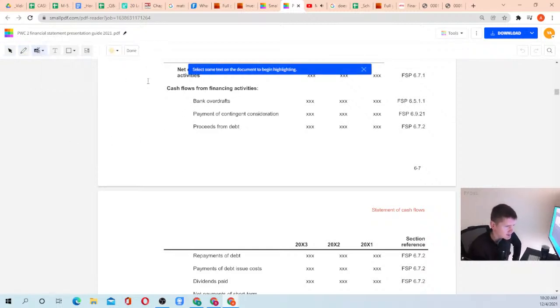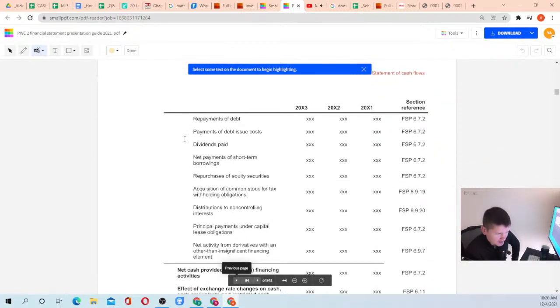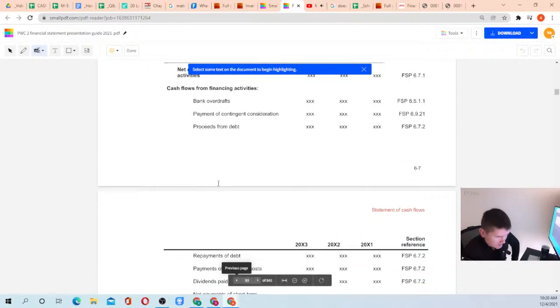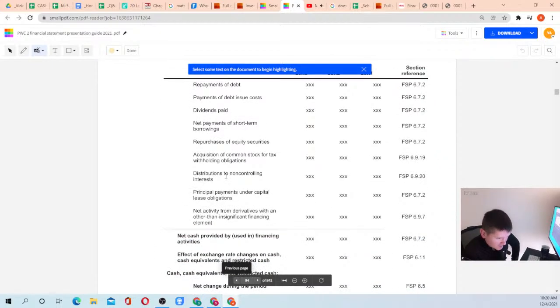Let me take the text highlighter. So we have an equity contribution. And if you look into financing activities, we will find repayments of debt, proceeds from debt, bank overdrafts, dividends paid, net payments, repurchases of equity, acquisition, distribution to non-controlling interests.